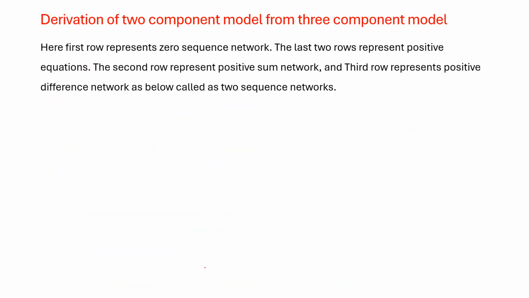Now here you can see the first row represents the zero sequence network, and the last two, as I told, represent positive equations. The second row represents the positive sum network and the third row represents the positive difference network, and this is called the two sequence networks. As I told, because the positive sum and positive difference networks are the same, we get only two networks.